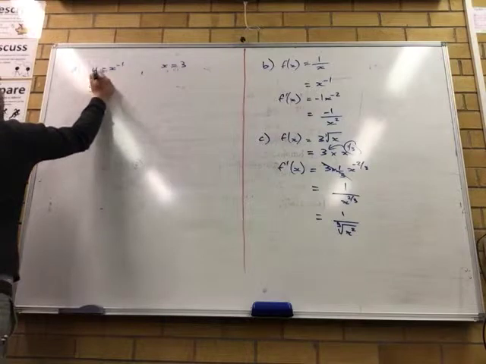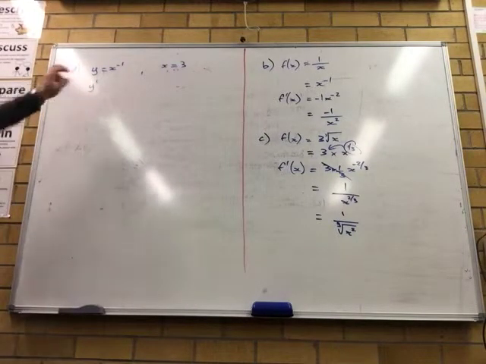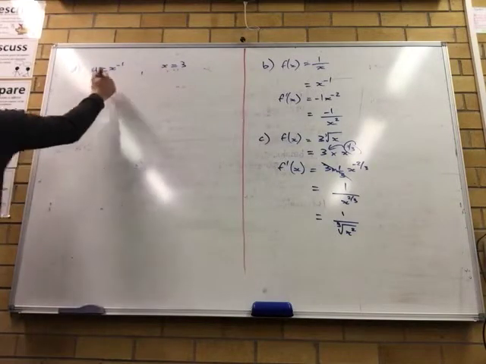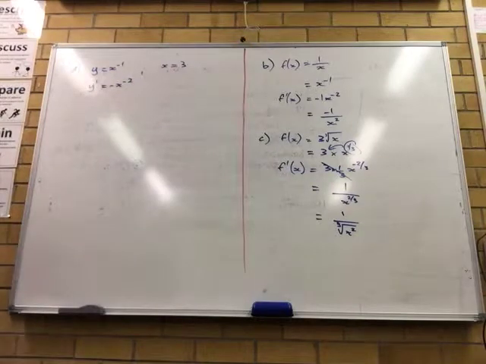Okay, so when I have a y at the front, the notation for the derivative is y dash equals negative x to negative 2. Okay, bring down the power, take 1 off the power.